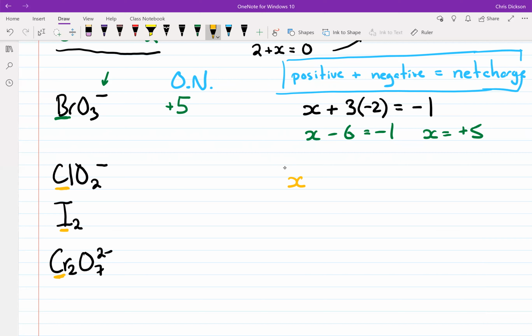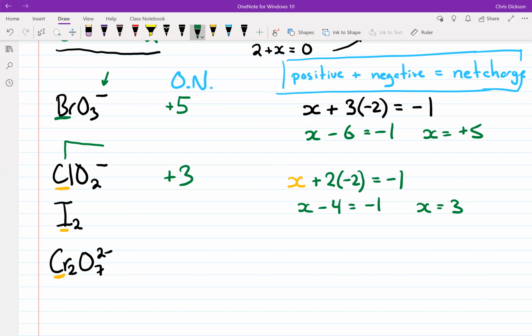But when I actually look at the rules here, I'm going to say, well, I'm going to go X, and then I have to add 2 times -2, because there's 2 oxygens with a -2 charge, and overall -1. So X minus 4 equals -1. So I add 4 to both sides, so X is equal to +3. So this is a +3, the chlorine has a +3 oxidation number, okay?